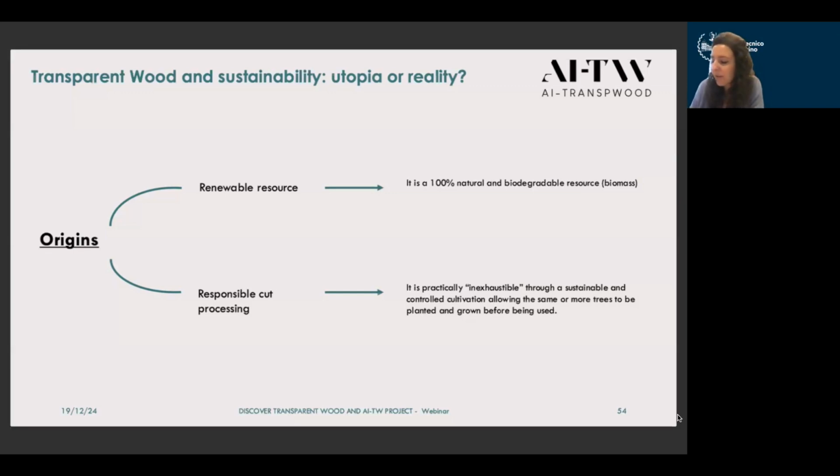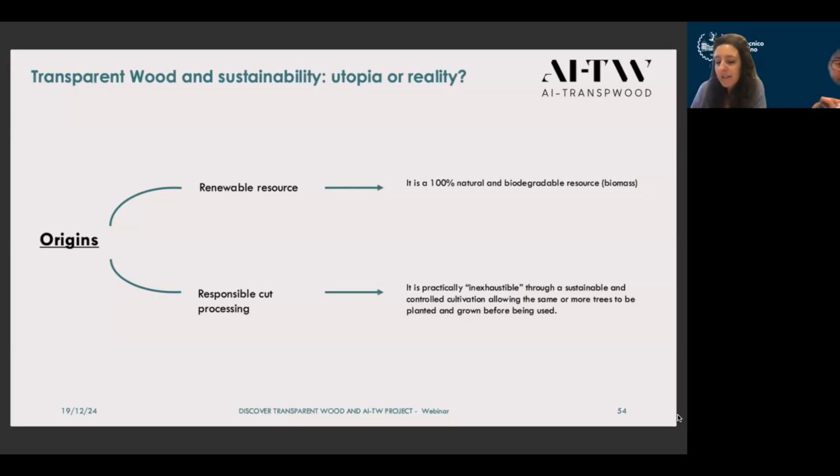Furthermore, bamboo is one of the most recently tested materials in this process of lignin removal and then resin infiltration, even if bamboo cannot actually be considered a wood material but rather a grass material. Anyway, also in this case, the results are promising, and of course, we can think of a material that has a quite quick growth.